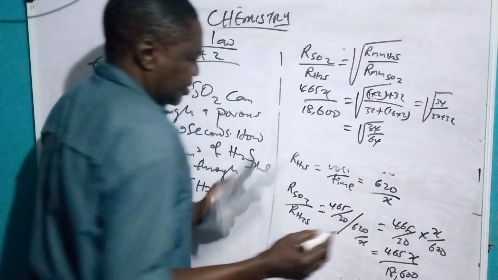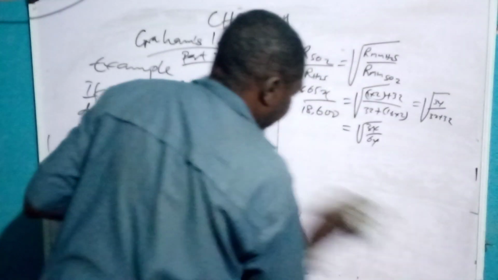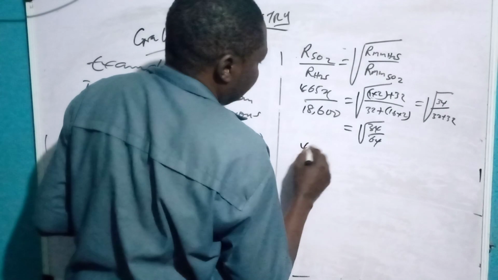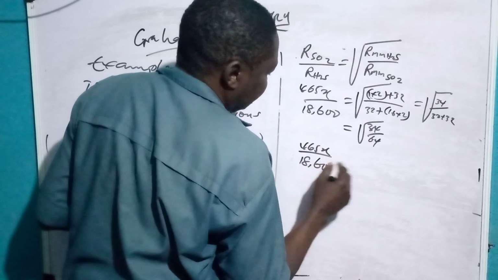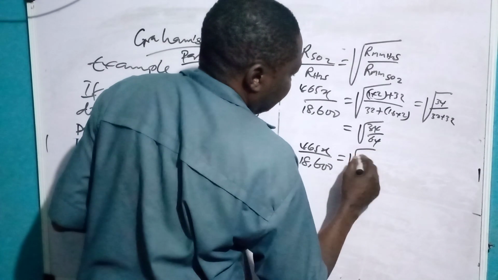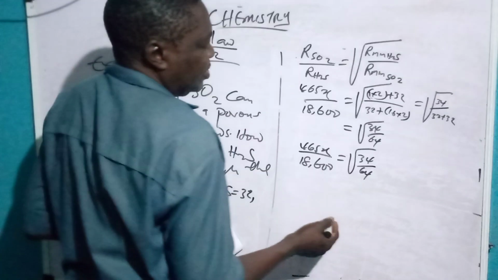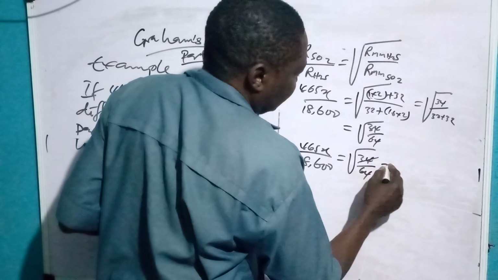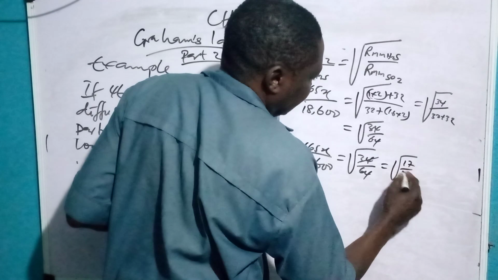So we have 465x over 18,600 equals the square root of 34 over 64. We can reduce it by dividing through by 2, which becomes the square root of 17 over 32.